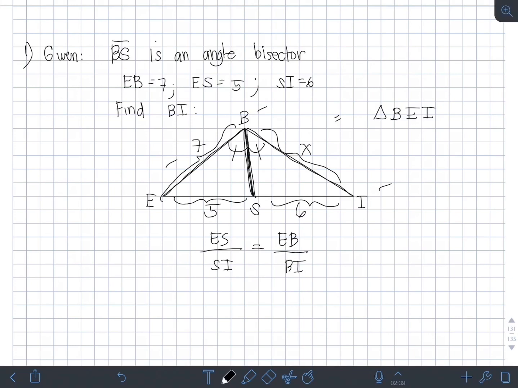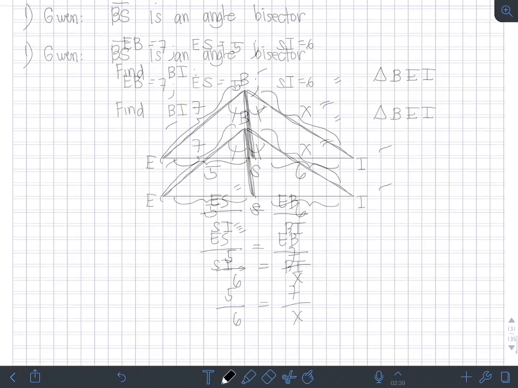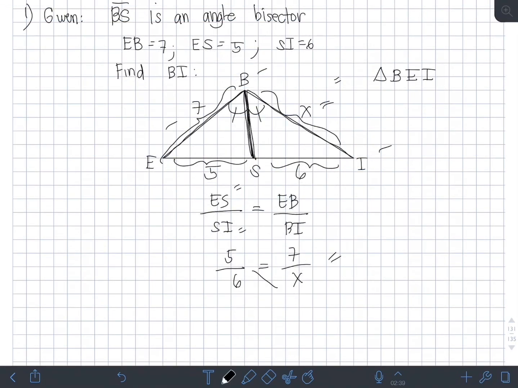So substitute natin yung value. So we have ES is 5 over SI is 6 equal EB 7 over PI unknown, let's say X. Okay? So solve natin tong equation for X. So cross multiply na lang natin, sa magiging 5 times X and 6 times 7.